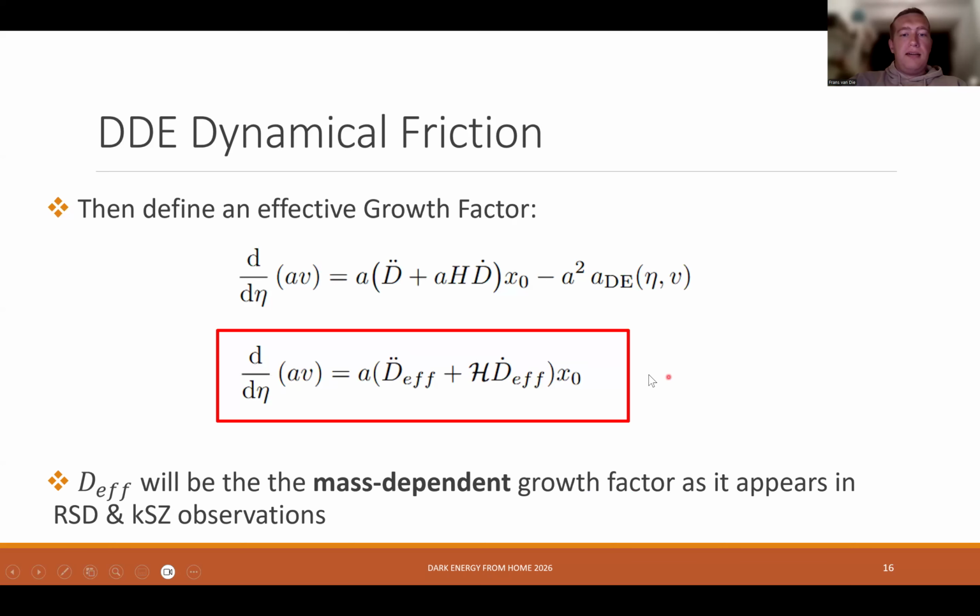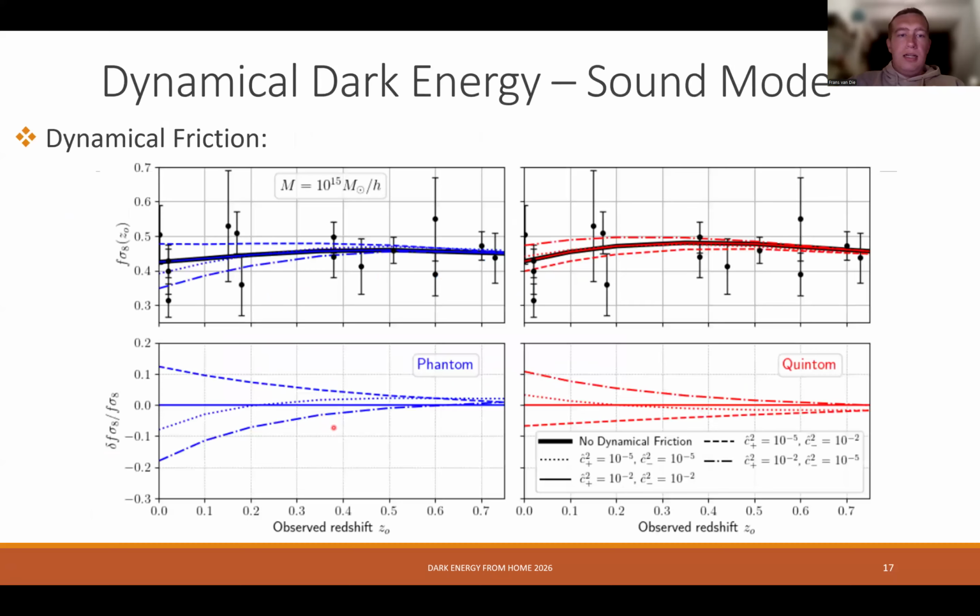So what we do is we define an effective growth rate in the following manner. And this effective growth factor will be the mass-dependent growth factor as it appears in observations, basically. So this is what we show here, where as a function of redshift, we show the growth rate for halos that are very massive, so 10 to the 15 solar masses, and also the relative change for different sound speed models.